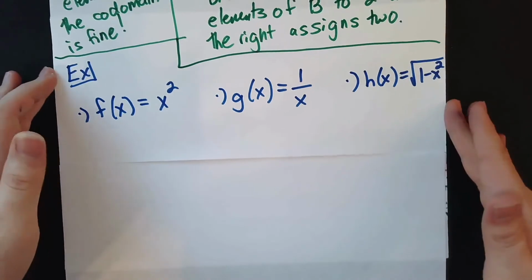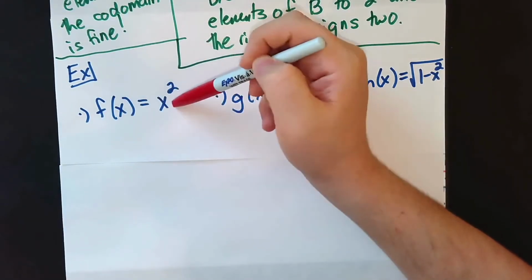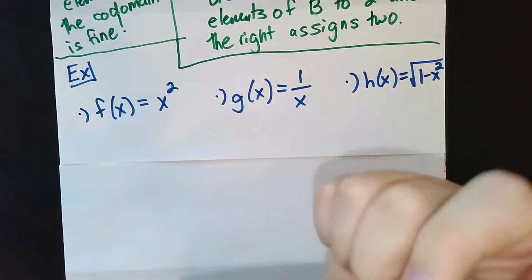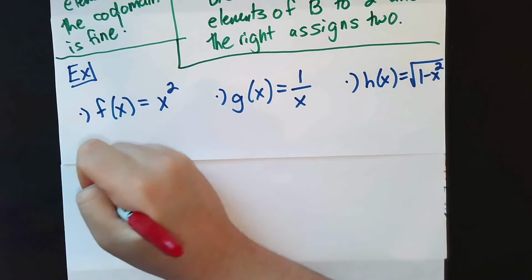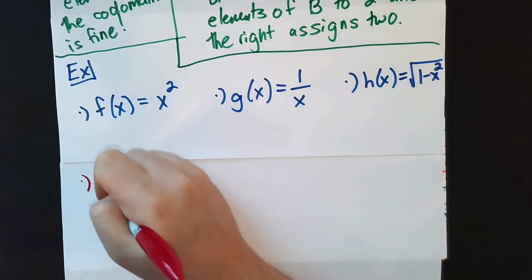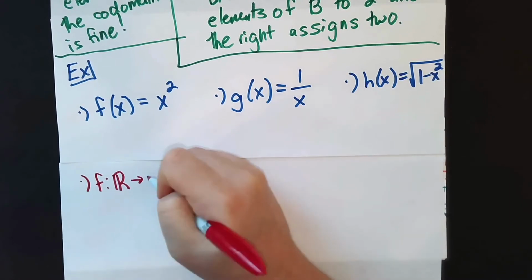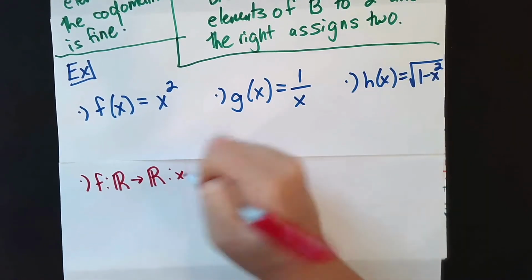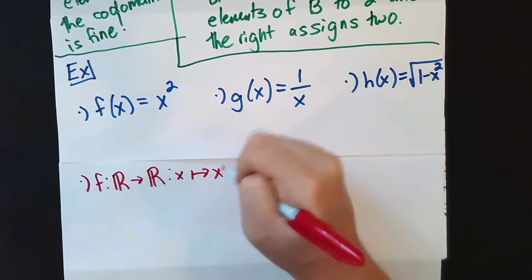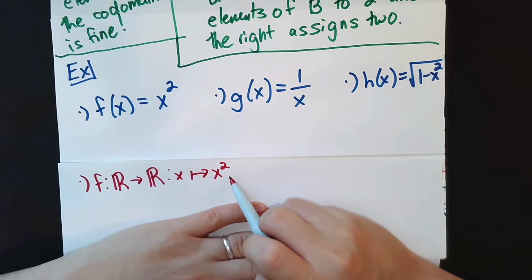In single variable calculus, when you talked about functions, you were talking about inputs and outputs that were real numbers. So that is to say, you were probably talking about functions from R to R. And so one way, combining our various bits of notation to describe the function, whose domain and codomain are both the real numbers, and which takes the input x to the output x squared, is this.